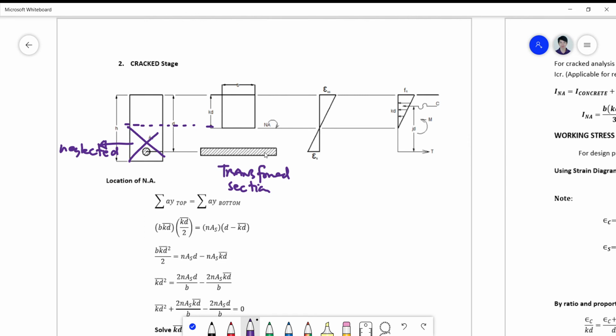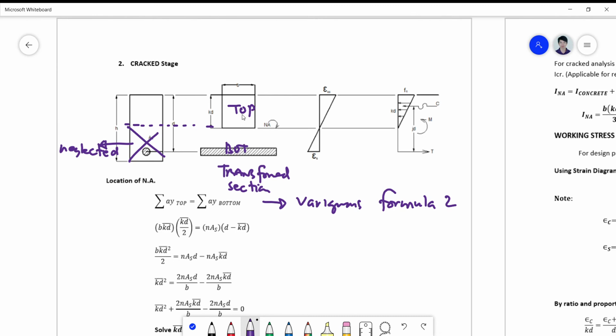Okay, so for this, the formula we're going to use is Varignon's theorem number 2, which states that AY at the top is equal to AY at the bottom. Okay, so this is at the top and this is the bottom.